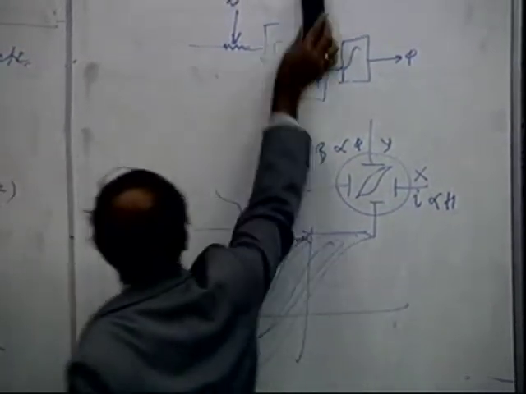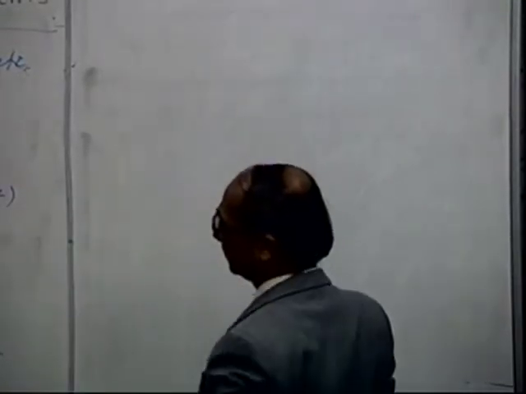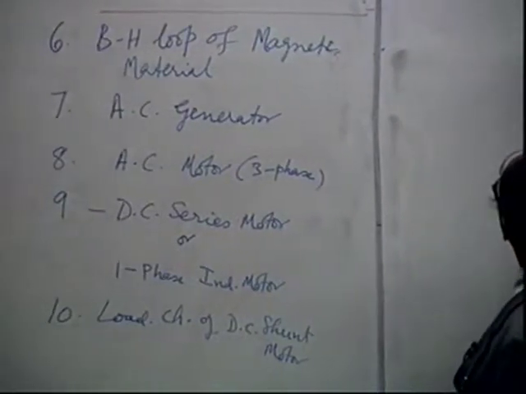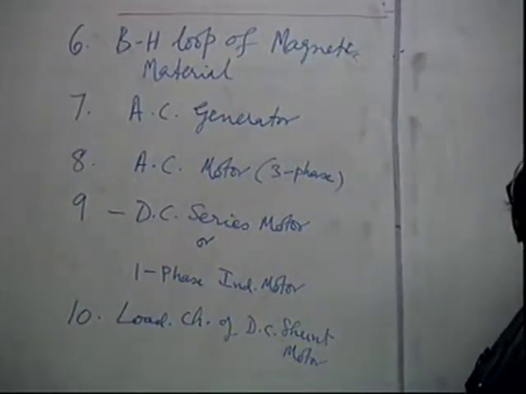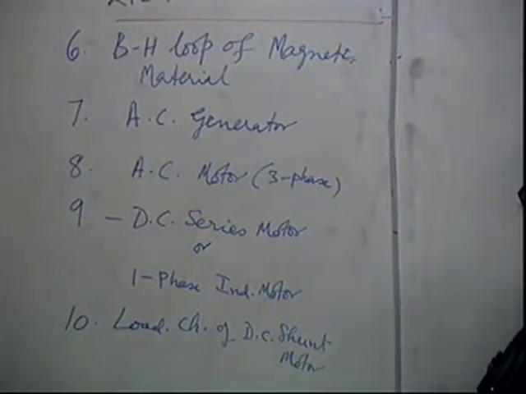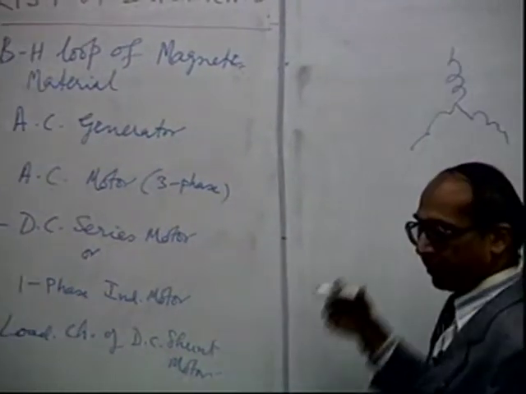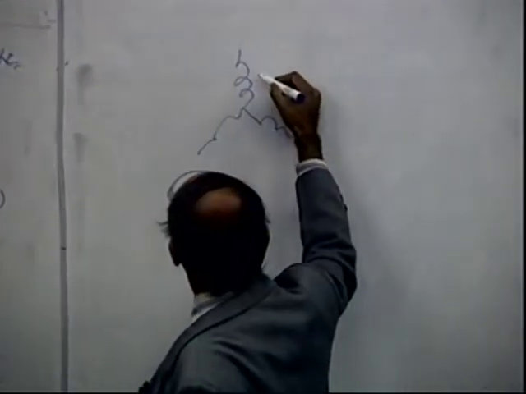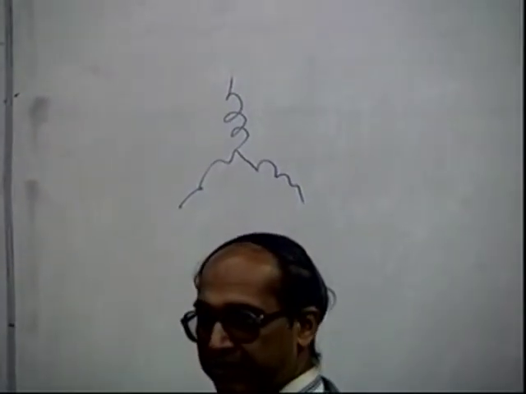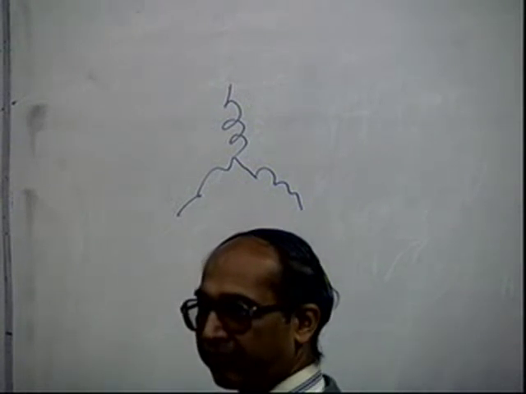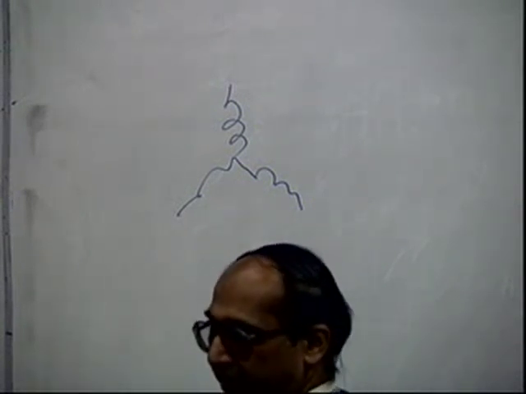As far as the next experiment, an AC generator. We have seen how three-phase AC is generated, either by rotating the conductors in a magnetic field, or by rotating the magnetic field in stationary conductors.